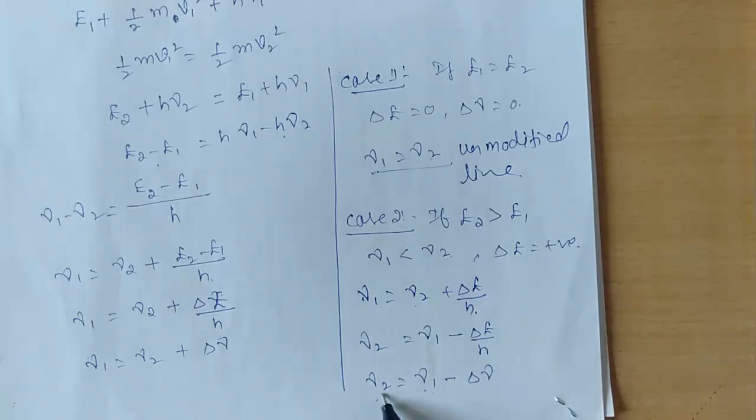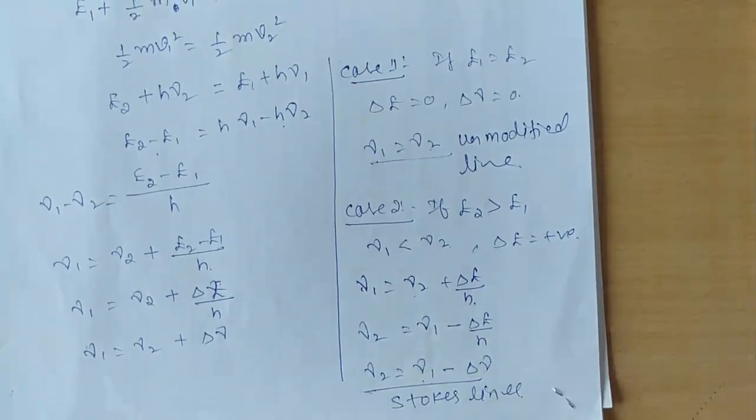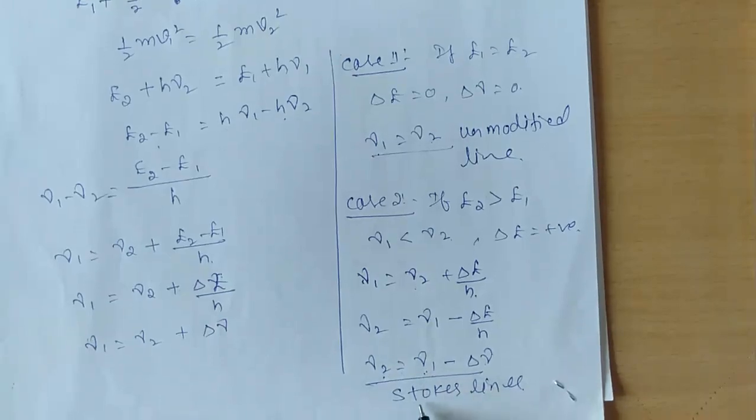So therefore since nu 2 is equal to nu 1 minus delta nu, this spectral line corresponds to the Stokes lines. So that is, if the frequency of the scattered light is less than that of the frequency of the incident light, then that corresponds to the Stokes lines.